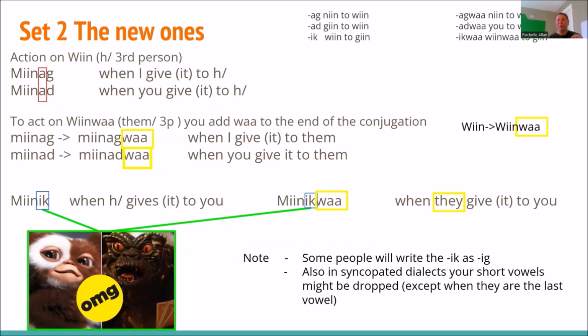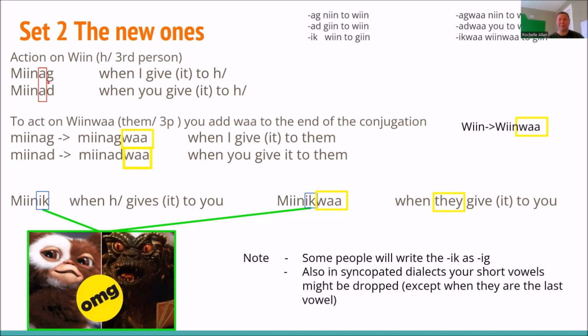In the first set, we were relying on information we already knew and just sort of thinking about what it means in a VTA conjunct conjugation. So the new ones are ones we haven't seen before, so we're going to have to sort of remember them.